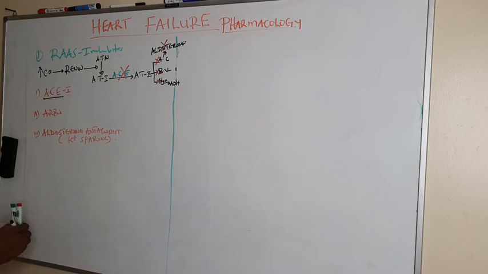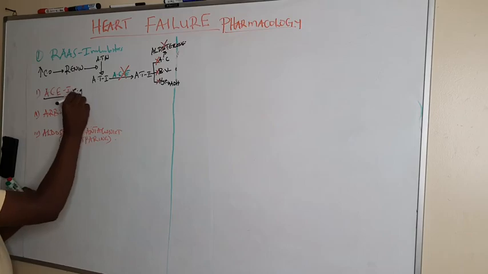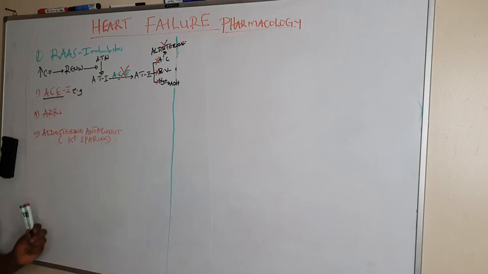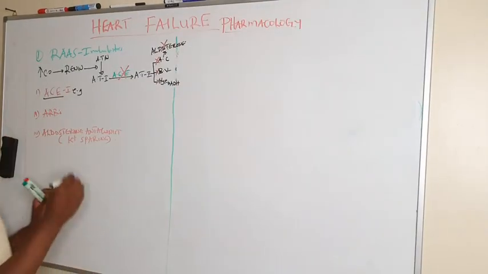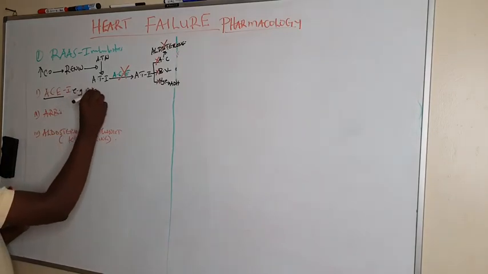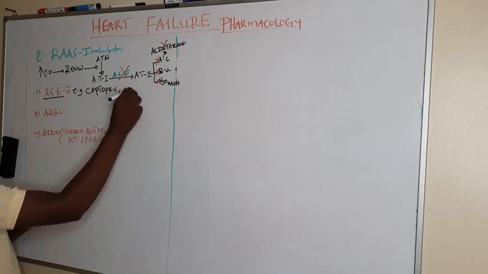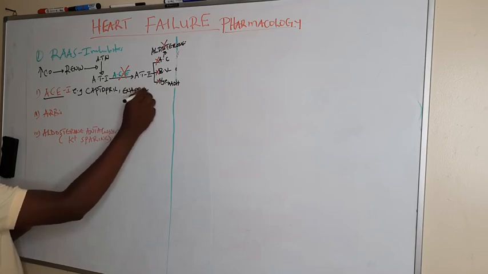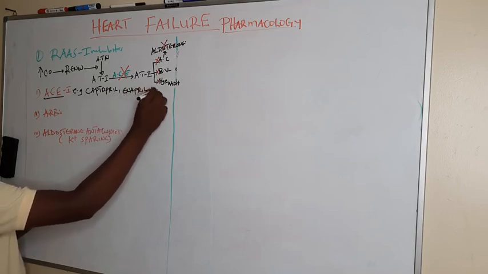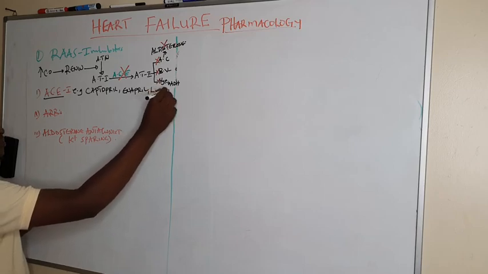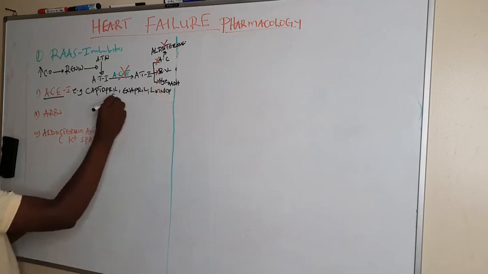Examples of these drugs end with pril, whereby we have drugs like captopril, enalapril, lisinopril, then fosinopril.